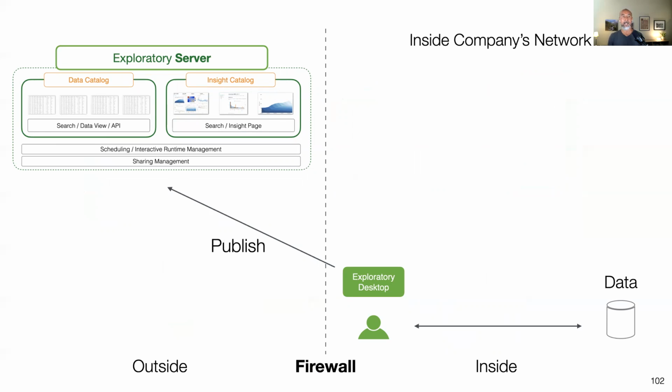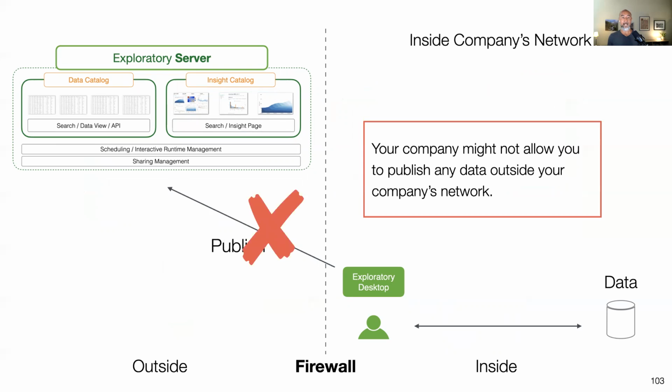So the Exploratory Server is obviously outside of your company's network, and maybe your company doesn't allow you to publish anything outside your company's network. I can totally understand it because they are worried that you might be publishing confidential data outside, and who knows who's going to hack our server, right? So they don't want you to do that.